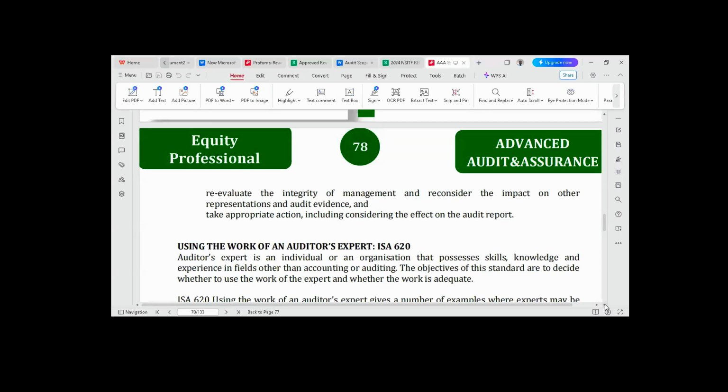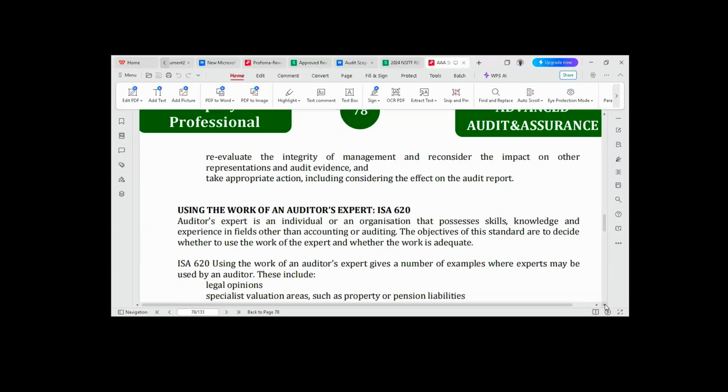So according to ISA 620, an expert is someone or an organization that has skills and knowledge in other fields outside accounting and auditing. Any organization or individual that possesses knowledge, skill, and experience in other fields outside accounting and audit is an expert.